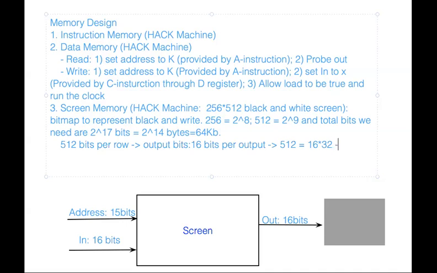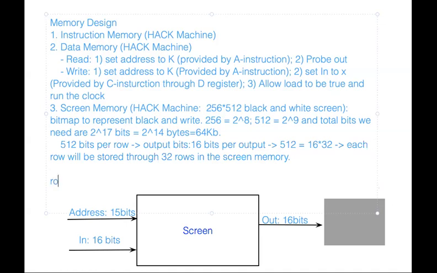So what does it mean? Each row will be stored through 32 words in the screen memory. This is the way we organize it.